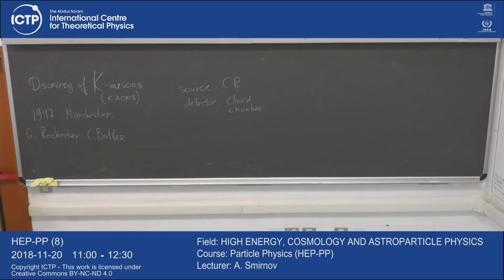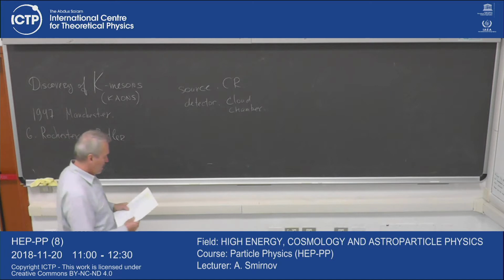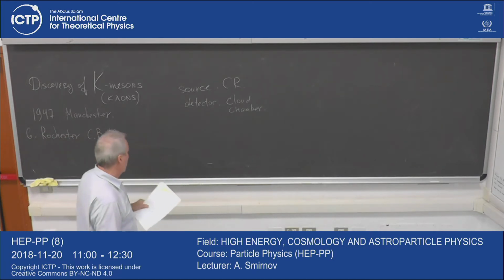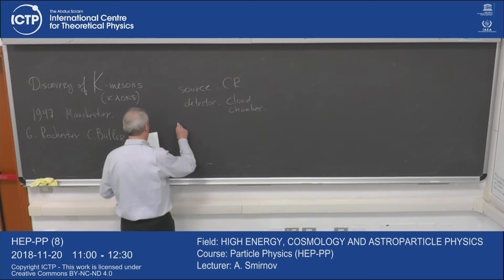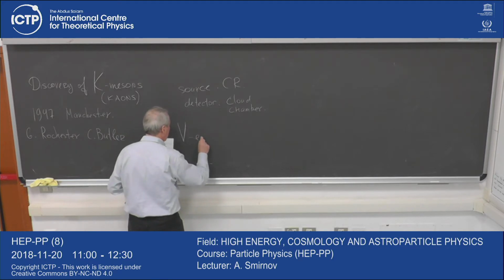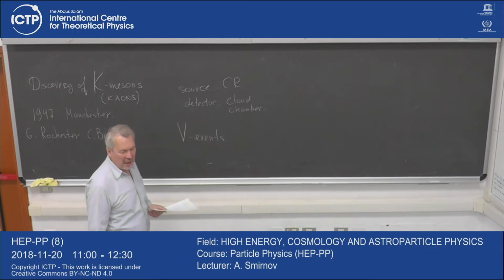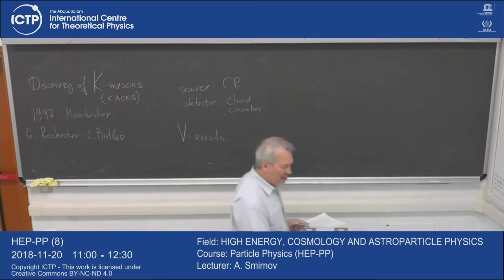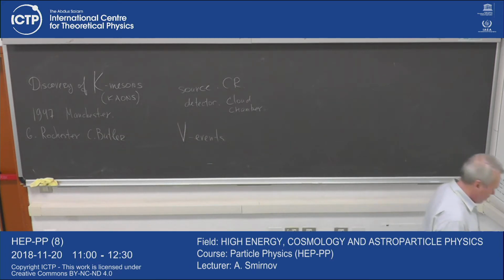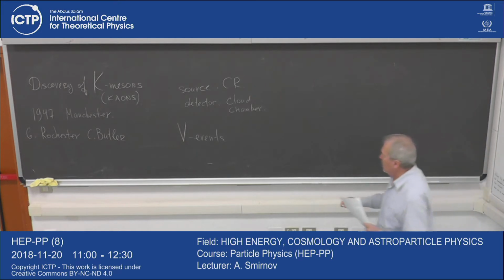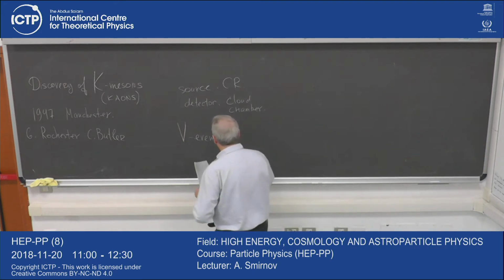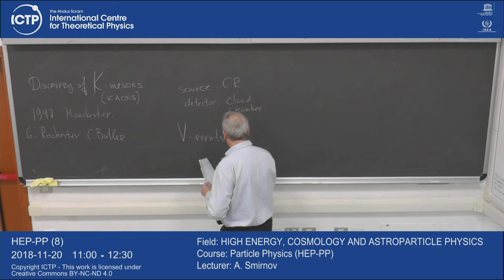So in the cloud chamber, they saw some events which look quite interesting and different from what had been observed before. And these are so-called V events. So next time I'll certainly show you the slides, and you will see how all these events look. So again, in the cloud chamber, they saw events of this type.